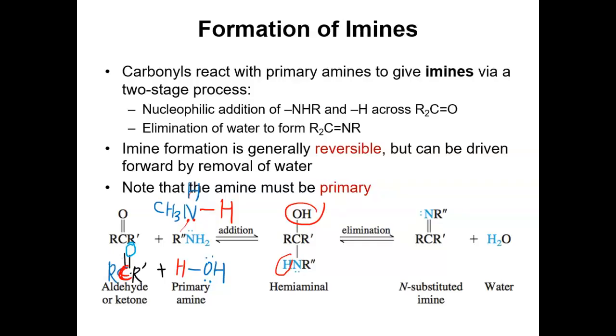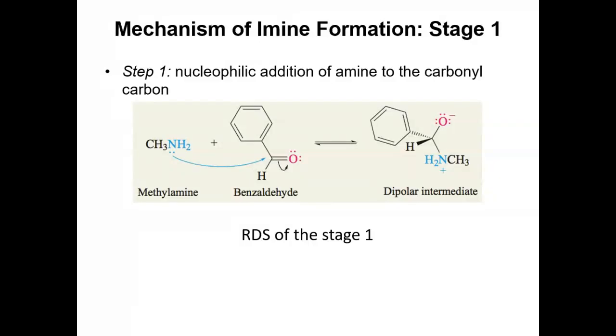And this reaction, similar to acetal formation, is reversible. But the reaction can be driven by applying Le Chatelier's principle. If you have a means to remove water, you will have the imine as the major product.